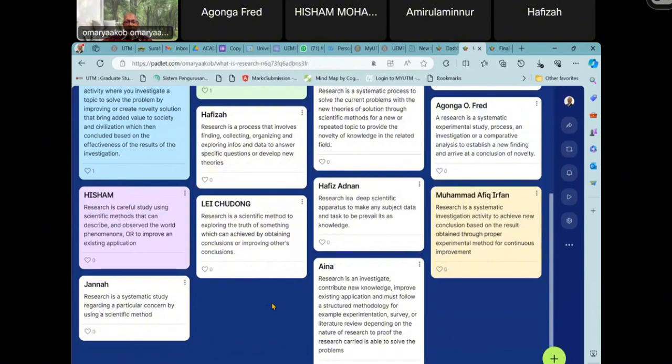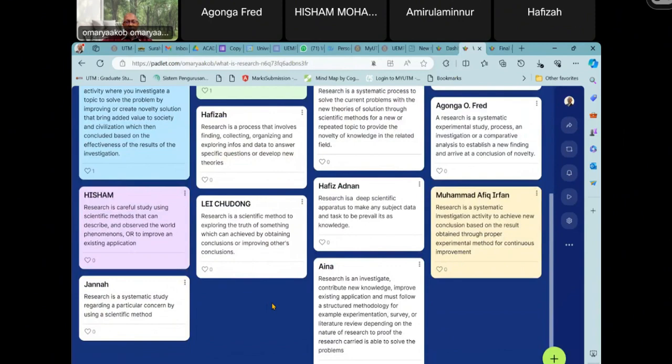Finally, Jana, research is a systematic study regarding a particular concept by using a scientific method. It is about gathering information, combine it together to solve a problem. Okay, so that's the definition from you.